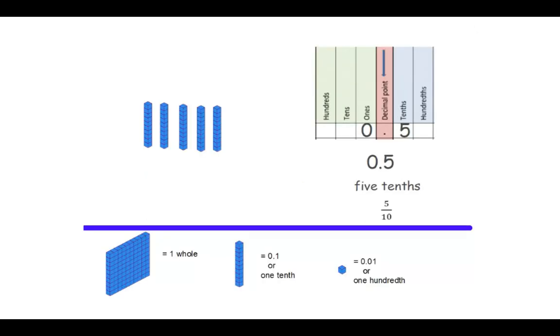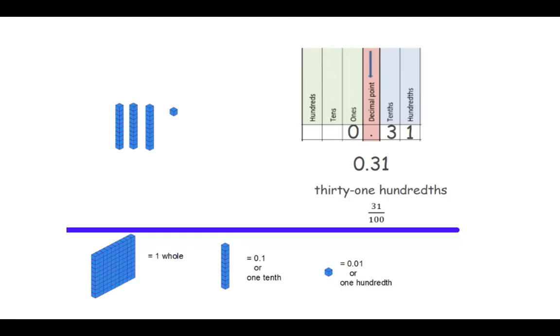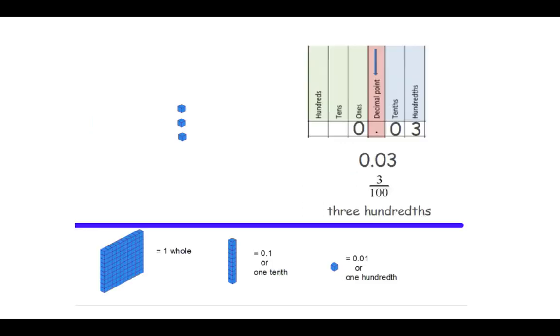This decimal only shows 5/10, so we read the 5 and say tenths because that's the last place value used. Let's try another one. For this decimal, we would use 3/10 and 1/100. We would read this as 31/100 because the hundredths is the last place value used.